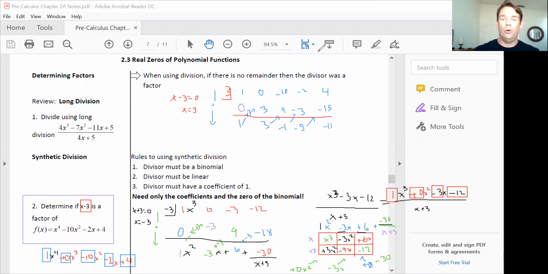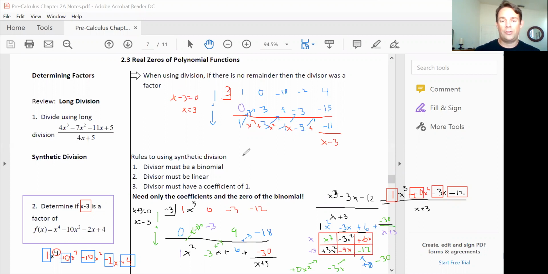So we were at an exponent of 4, which means that this is going to be an exponent of 3. x cubed plus 3x squared minus 1x minus 5 plus negative 11. I had a remainder, x minus 3.